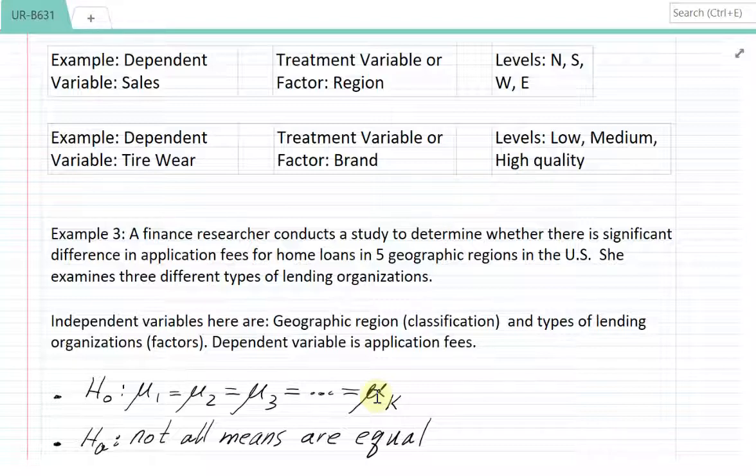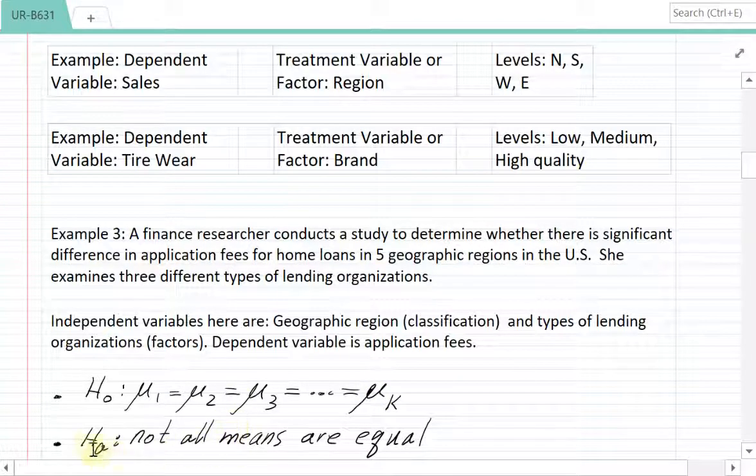Now the alternative is what we're really interested in. The alternative here says not all means are equal. Some actually symbolically write that as mu i not equal to mu j for i different than j. That means at least one pair of means are different. Okay, so for example, mu1 and mu2 could be different, but mu2, mu3, mu4, assuming I have 4 populations, those could be equal. So that's the significance of not all means are equal.